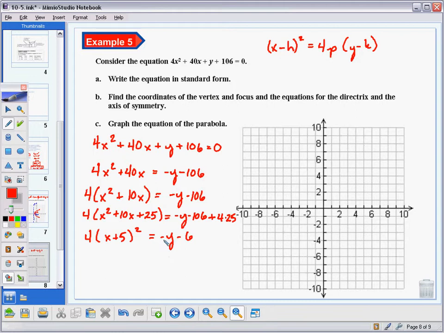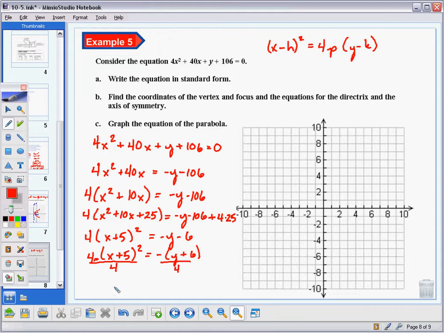I don't want a negative here, so I'd have to factor that out. So that leaves me with a negative (y plus 6). And then the 4 can't be on this left-hand side. It has to be 4p and then the y stuff over here. So let's divide the 4 out. So I'll divide each side of my equation by 4.